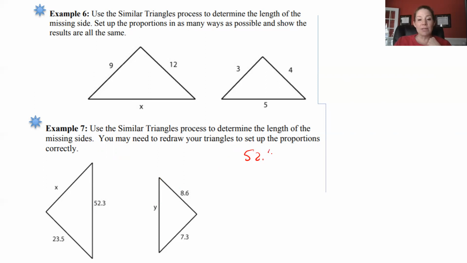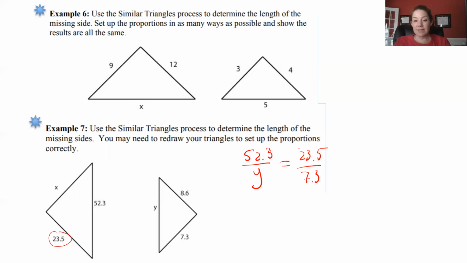52.3 corresponds to y. Now we can't use x and 8.2 because we can't have two unknowns, so we have to use 23.5. 23.5 corresponds to 7.3.